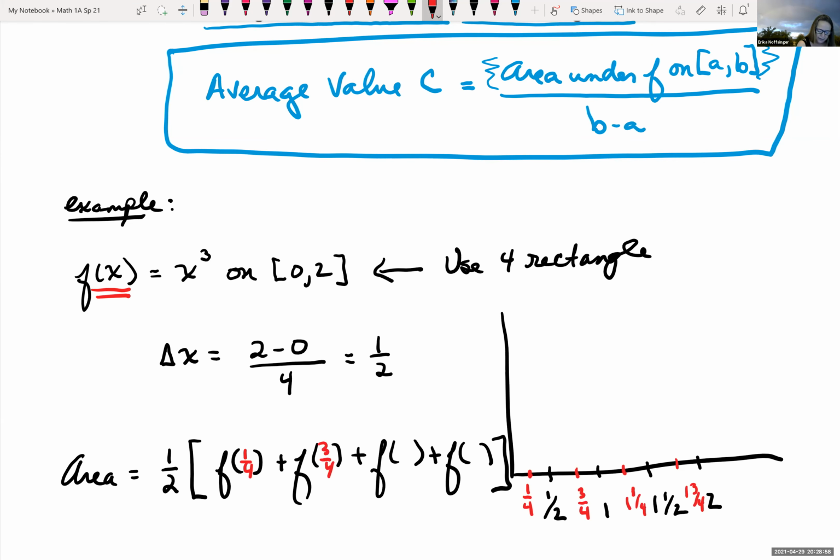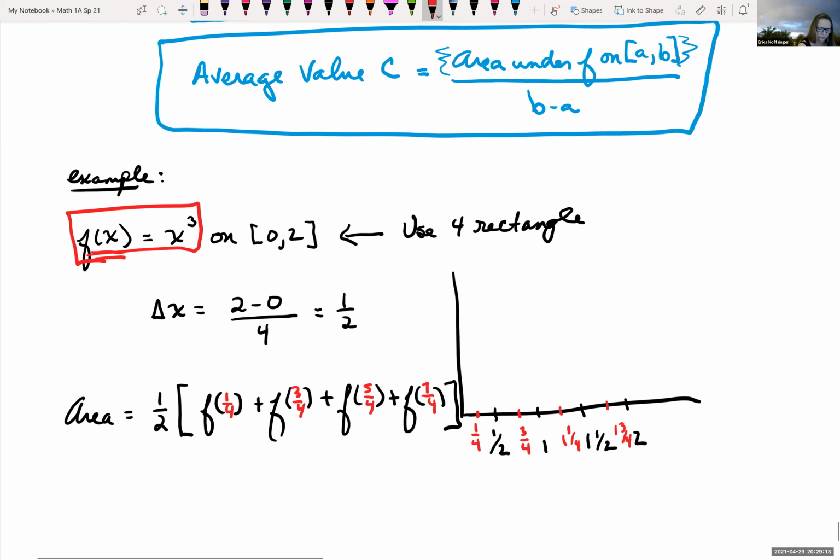So we're going to go back and plug those in wherever we see an x in f of x. So we have 1/2 times 1/4 cubed. Well, 1 cubed over 4 cubed is 1 over 64.